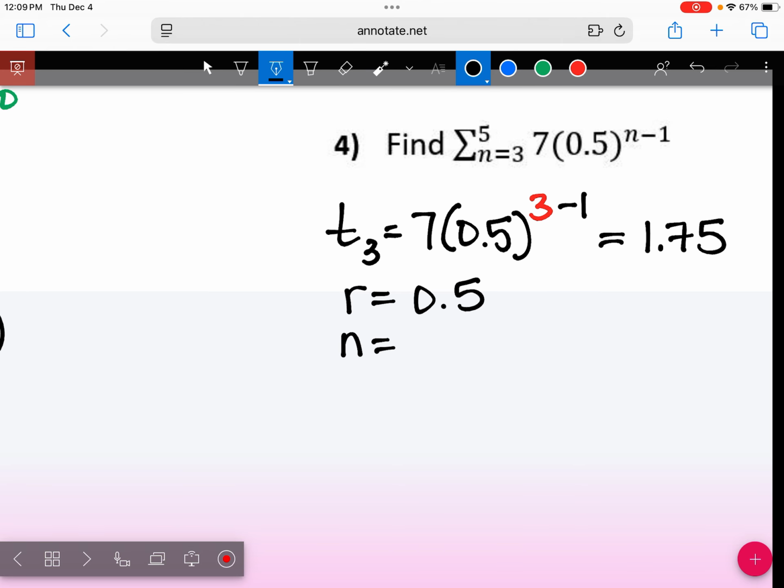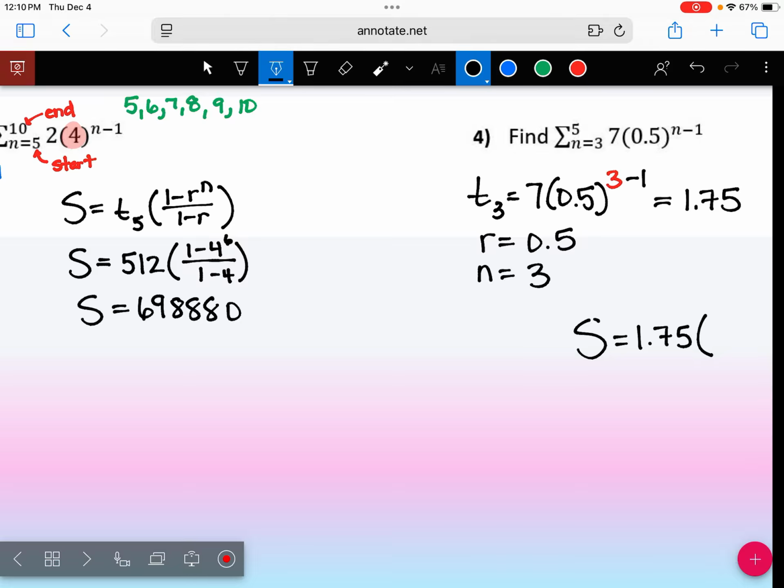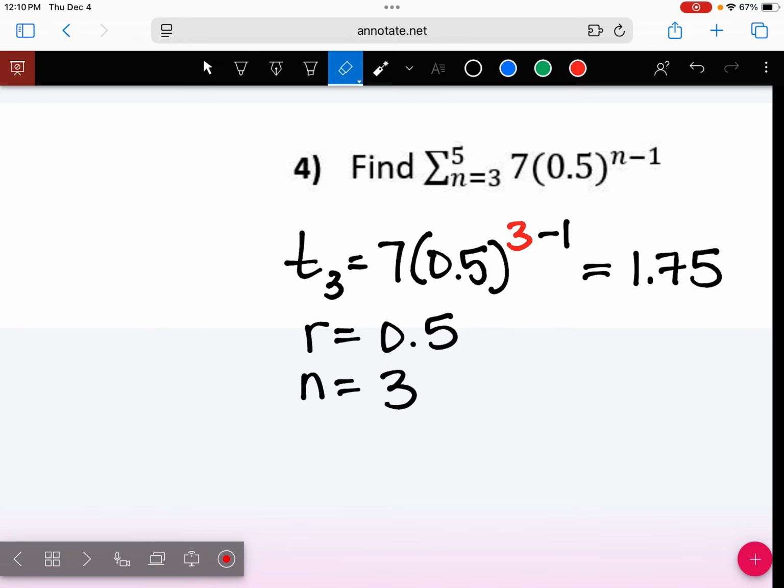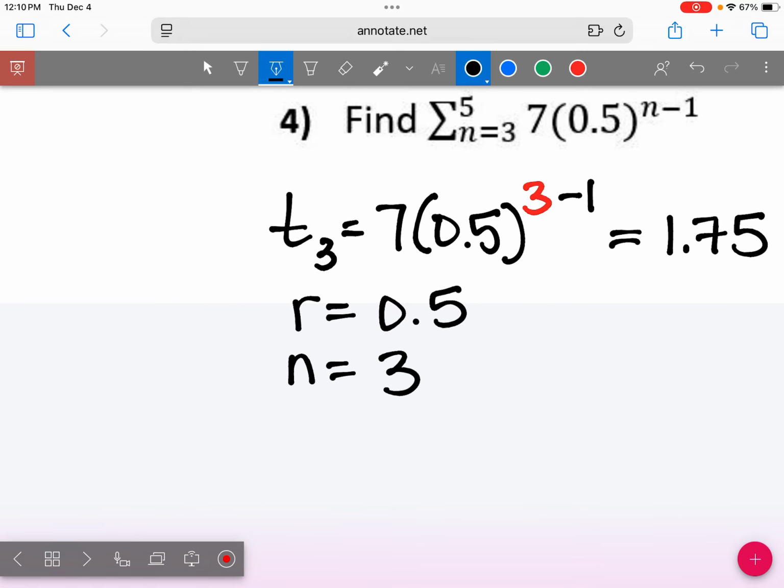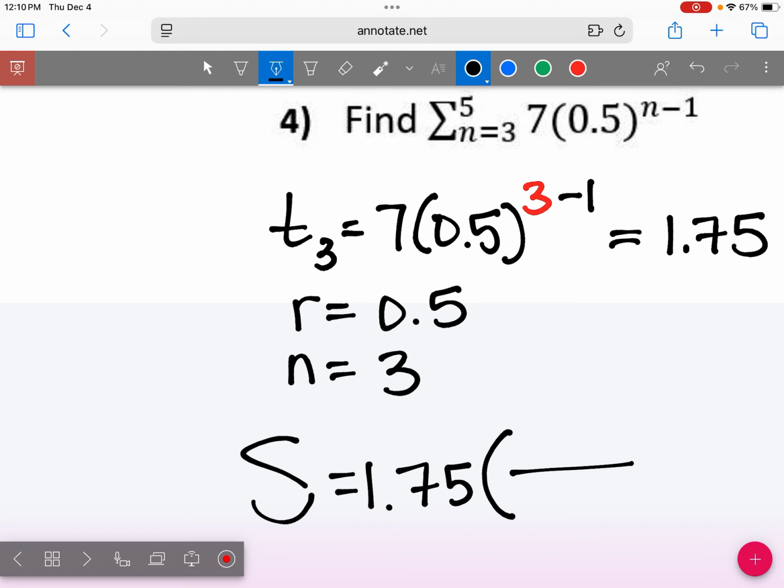How many numbers am I adding? If I start at the third number and end at the fifth number, how many numbers would that be? 3. All right, so the sum is 1.75 times the fraction 1 minus r to the power of n over 1 minus r.